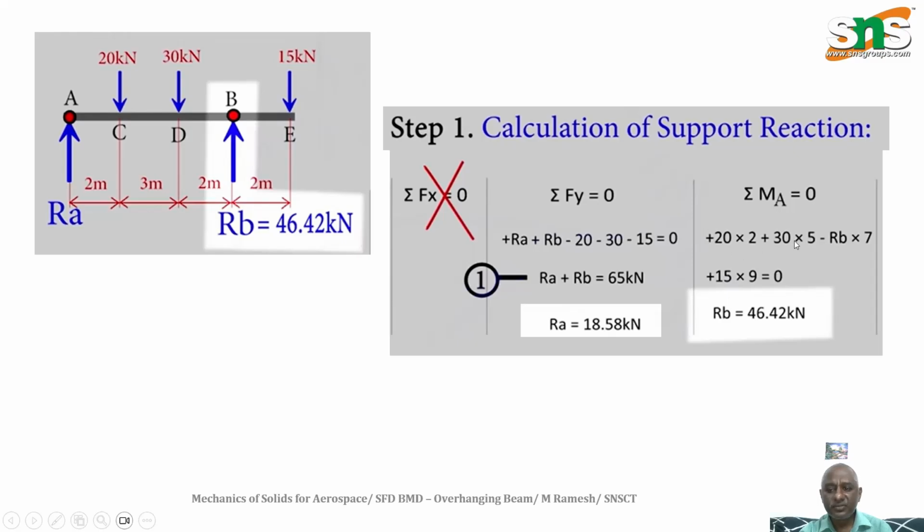So finally, from the equation we directly get RB equal to 46.42 kilonewton. Already we have found RA plus RB equal to 65, so RB equal to 46.42 and the remaining RA value is 18.58. That has been placed here: RB is 46.42 and RA is equal to 18.58 kilonewton.